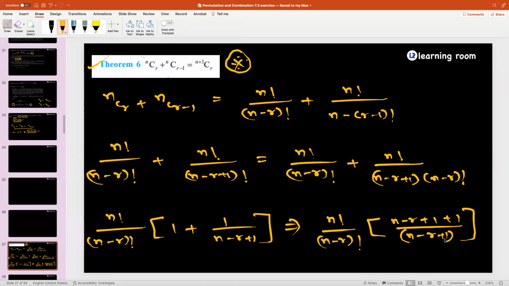One minute. It is basically n factorial divided by (n minus r) factorial into r factorial, sorry, into r factorial into (r minus 1) factorial.